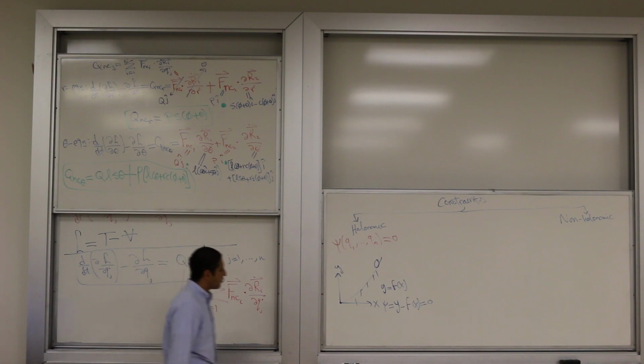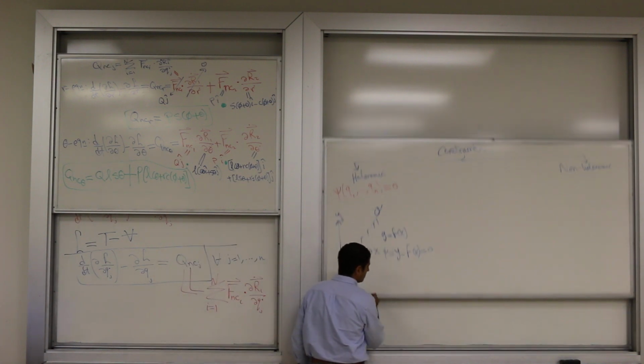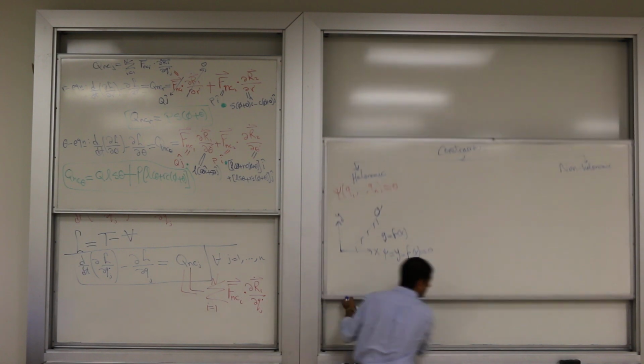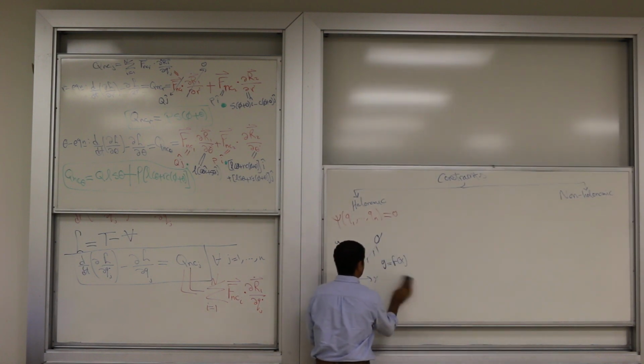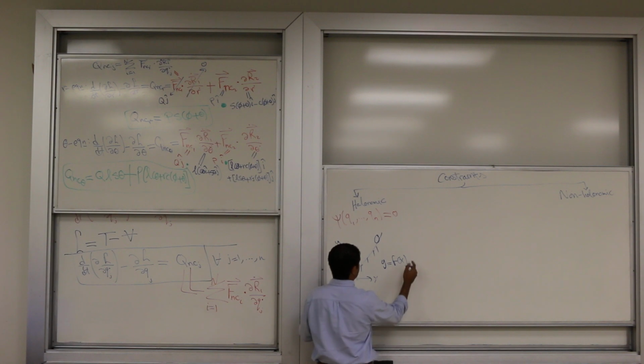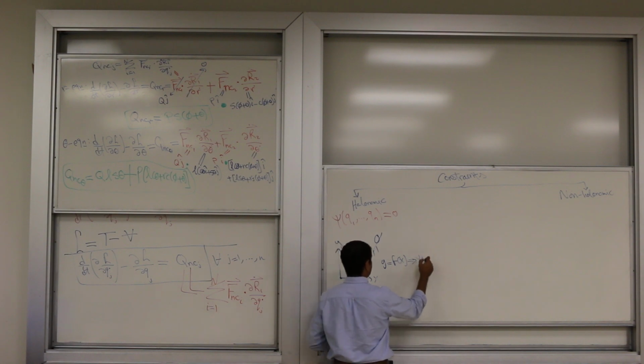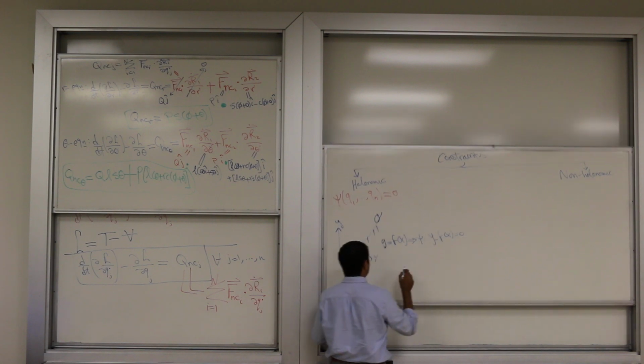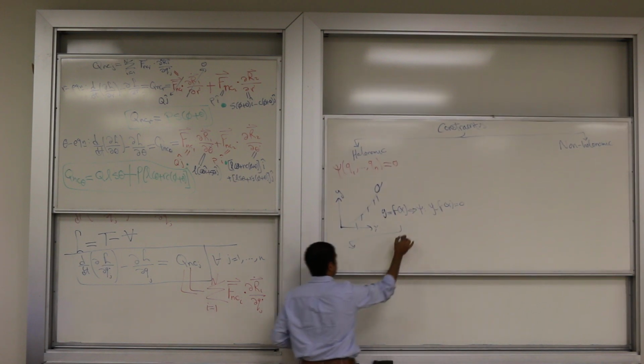And for holonomic constraints, we have, let's see. For the holonomic constraint, we have one of two options.